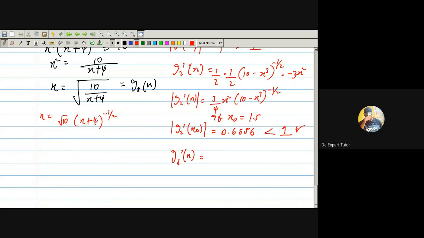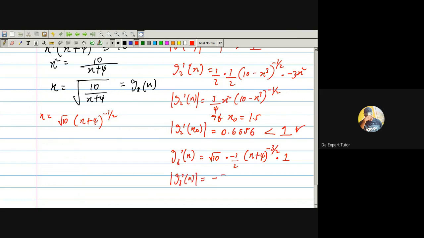Therefore, I have square root of 10, then bring down the power minus half, reduce the power by 1, minus 3 over 2, then the derivative of what is in the bracket, that's 1. Then we put the absolute value, g3 prime of x.